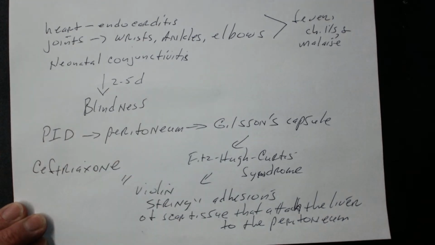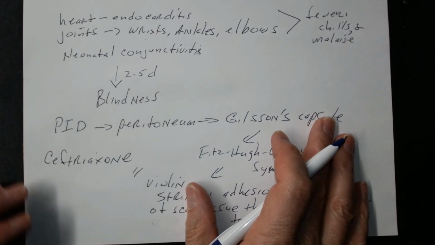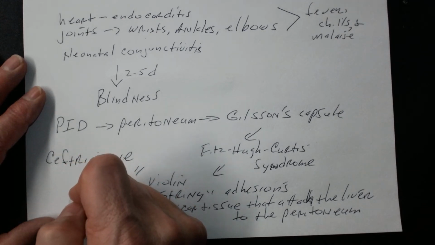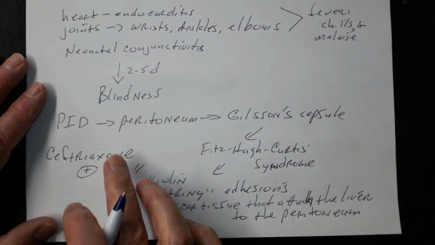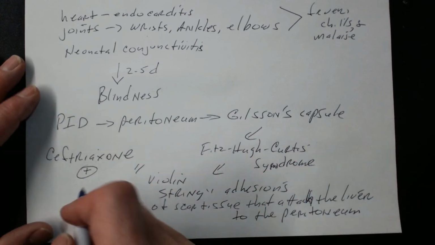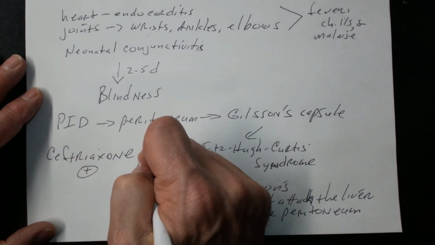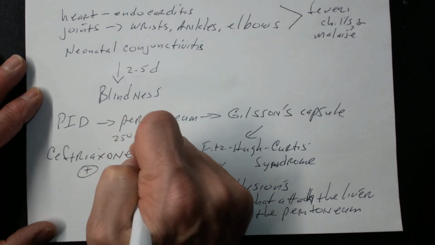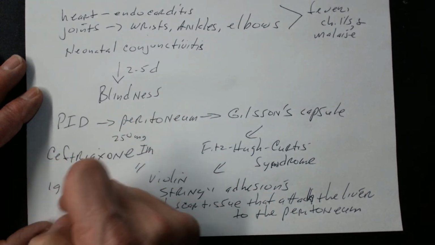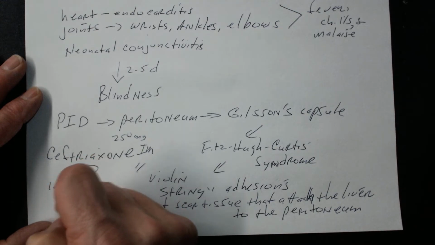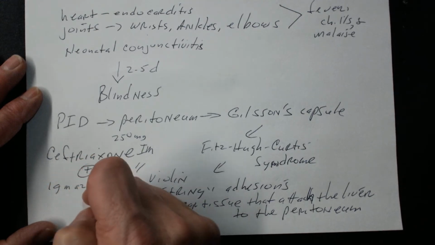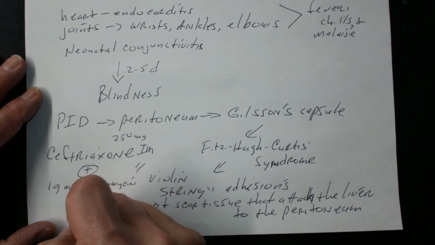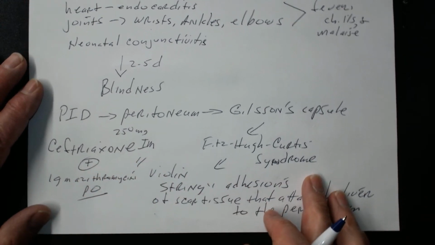Now, usually because you don't know if you're just treating this or chlamydia, this is given IM, so 250 mg IM, and then with a gram of azithromycin. And that is given per os.